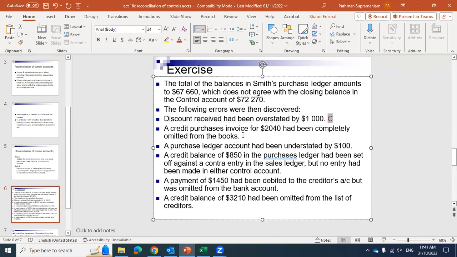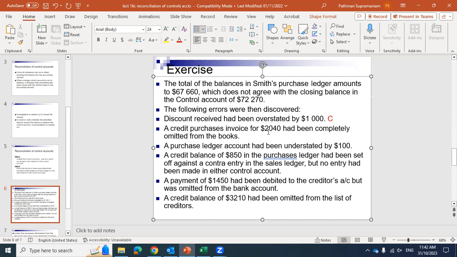Next, a credit purchases invoice for $2,040 had been completely omitted from the books. This means this purchase invoice should have been entered in the purchase journal as a detail, but unfortunately that was not done. So the detail is missing in the purchase journal, and the total will also be understated by 2,040.